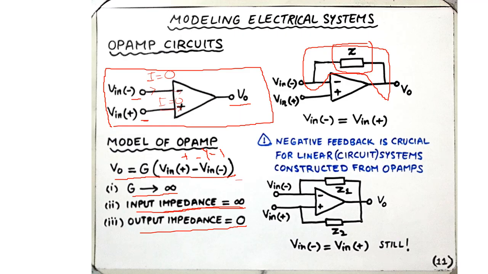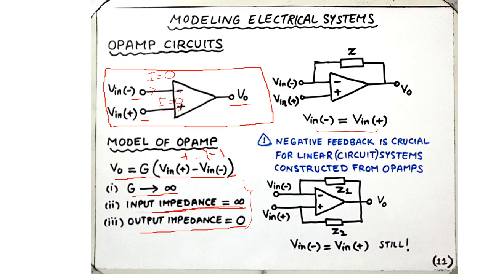A consequence of all three attributes of the op-amp model is that the op-amp must be used with some negative feedback, as shown here, when used as an active linear circuit component. And the other attribute is that the voltage at the negative terminal will be the same as the voltage at the positive terminal.